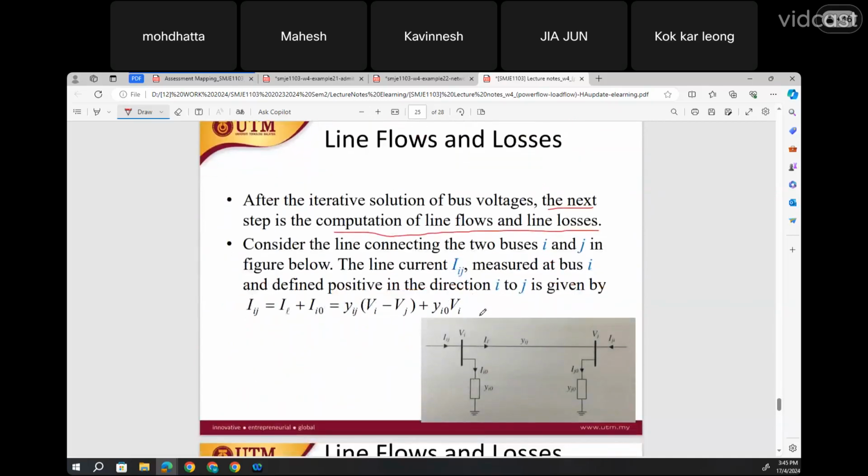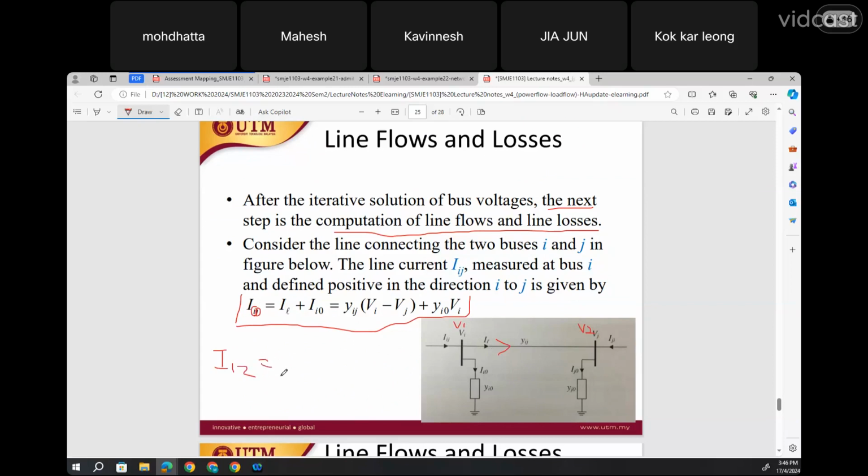In order to compute the line losses, you need this value of current, I mean the current from bus to bus, flowing through here. Let's say this is V1 and this is V2. Here I should have I12.